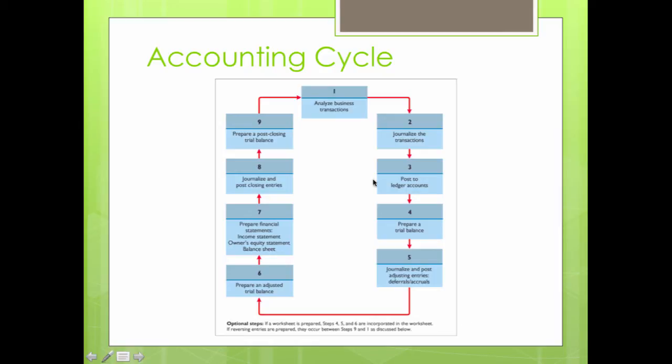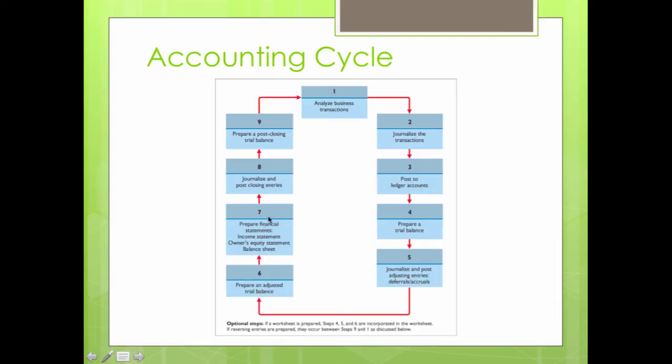And then you prepared a trial balance, which is transferring the balances of each account that you posted in the ledger accounts in one place, and then making sure that the debit and the credit columns are balanced. Then you journalized any adjusting entries, and then you prepared the adjusted trial balance to make sure that the debit and credit columns are balanced.